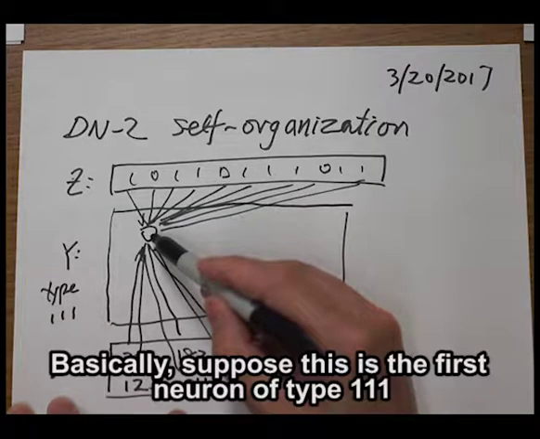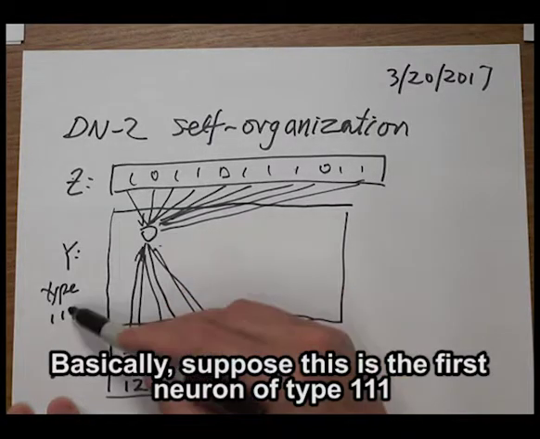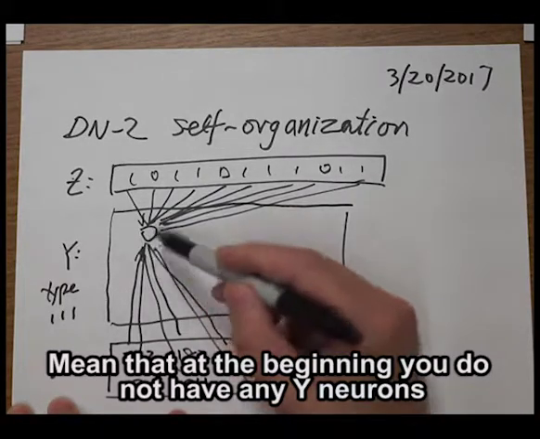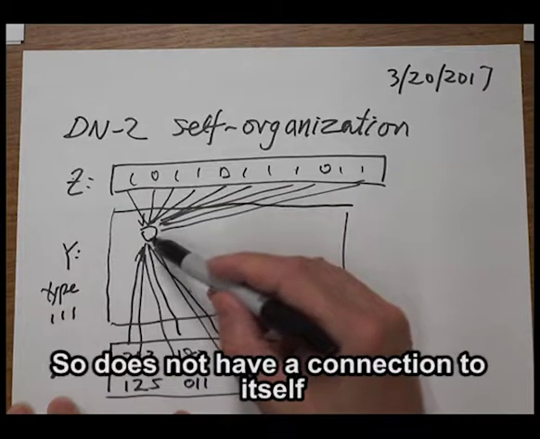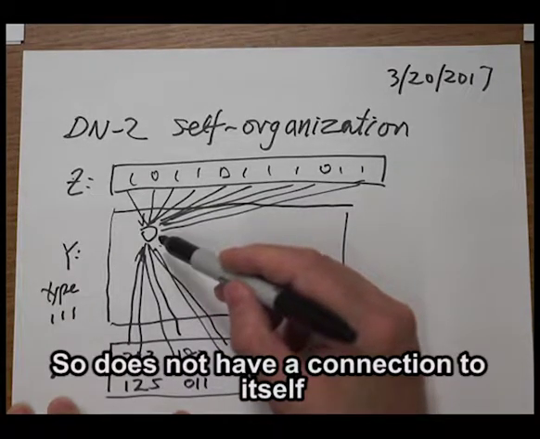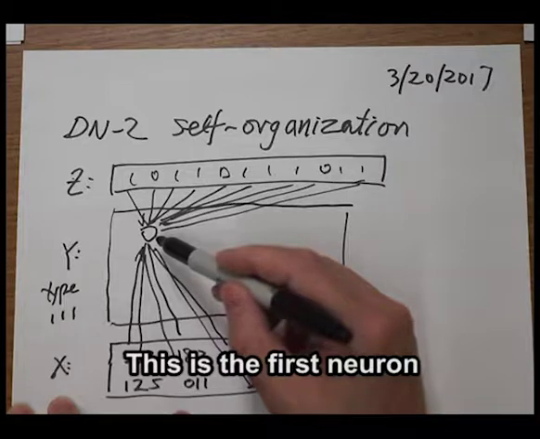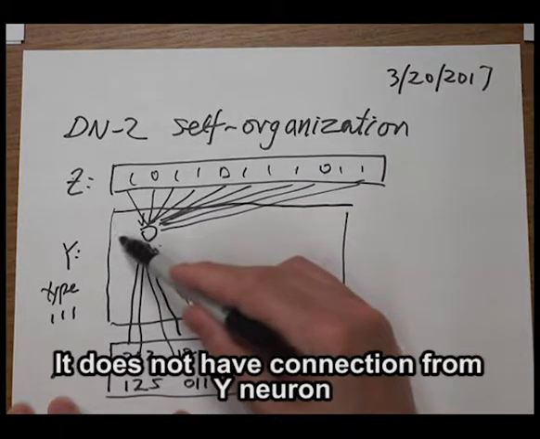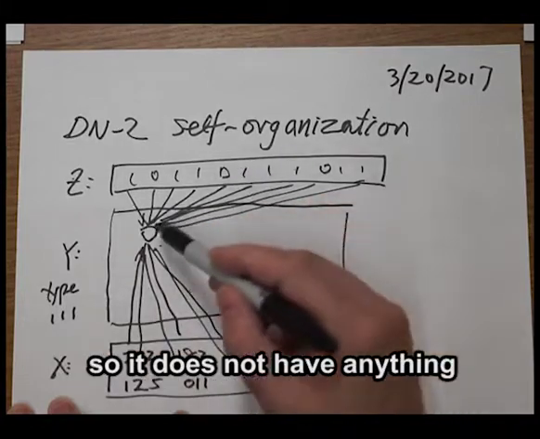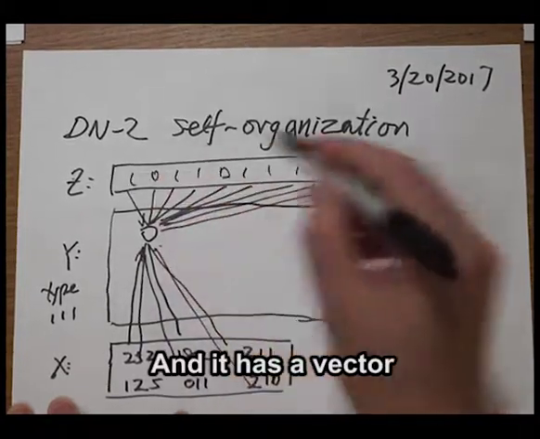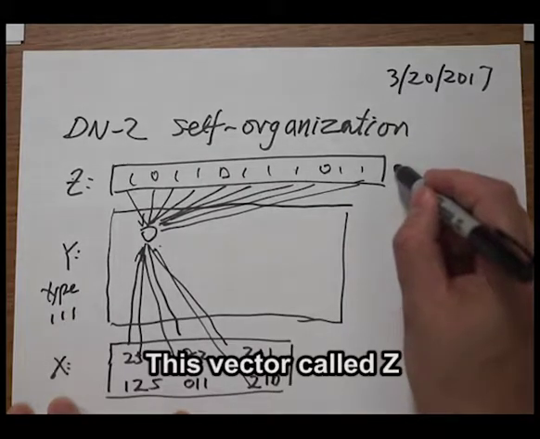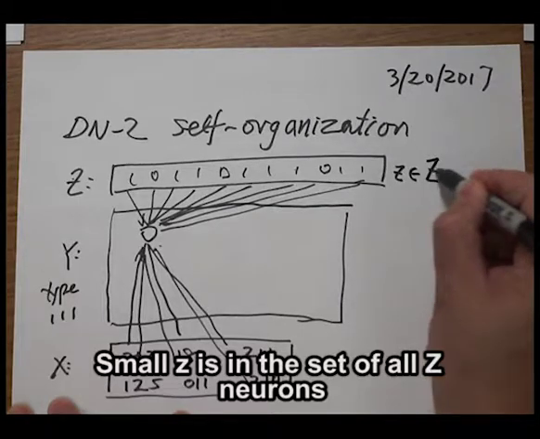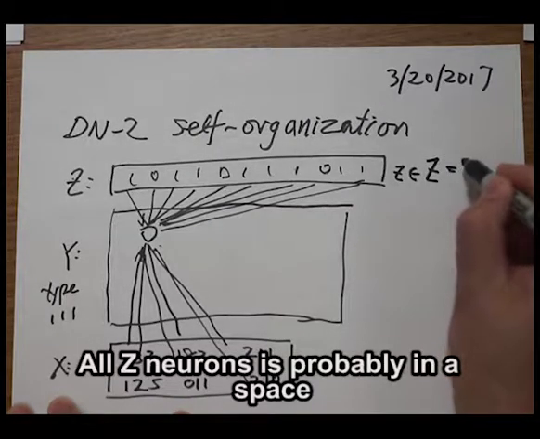Then for self-organization, suppose this is the first neuron, type 1-1-1. That means that at the beginning you do not have any Y neurons, right? So it does not have a connection to itself. This is the first neuron, and it does not have a connection from a Y neuron, so it does not have anything. And it has a vector called Z. Z is in the set of all Z neurons, in the space.